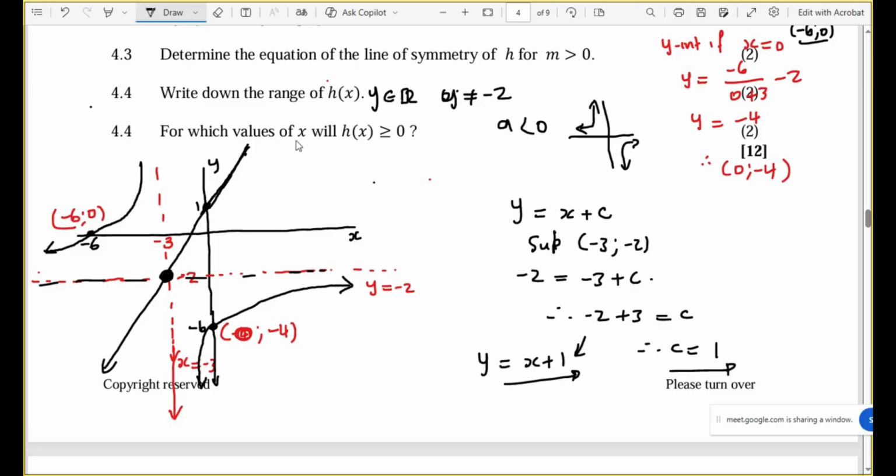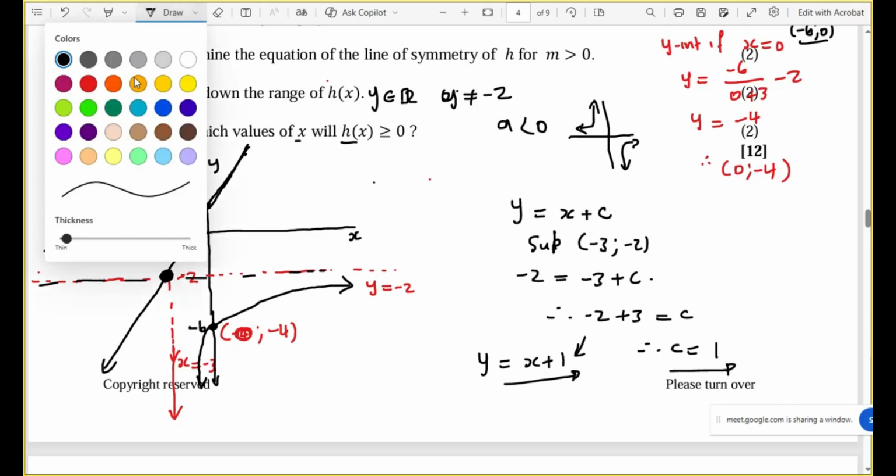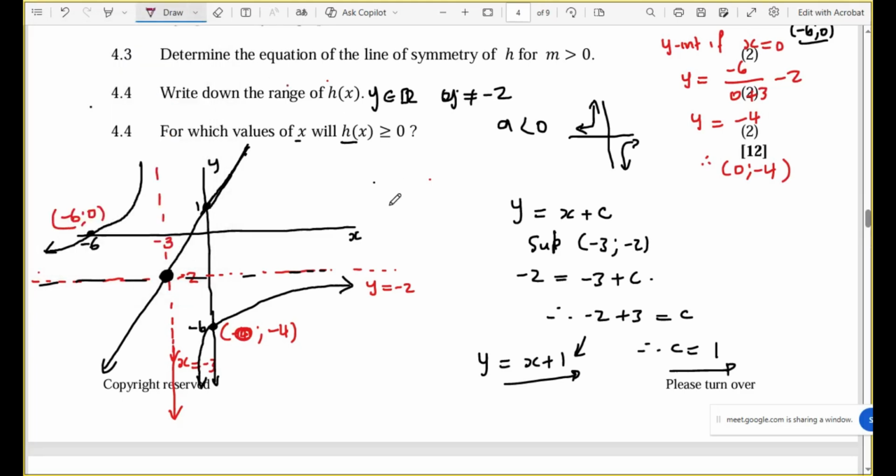For which values of x is h(x) greater or equal to 0? So when they say greater or equal to 0, they are asking where the graph of h(x) is positive. Where is it above the x-axis? So I'm just going to indicate from this point, going that side, it's above.